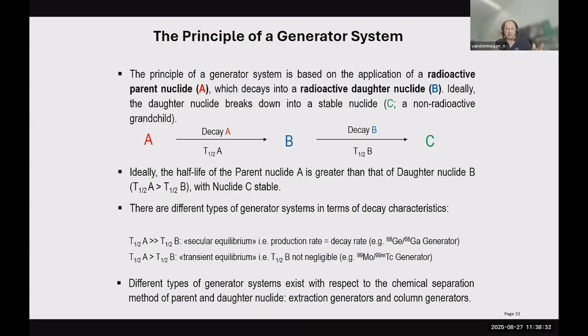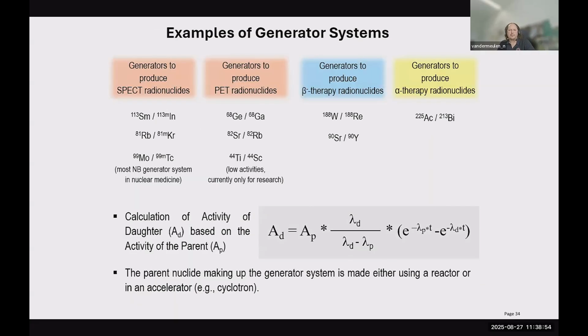This is the important part. It mustn't come off with it, because otherwise you cannot really use it effectively. Generators have been used quite effectively in nuclear medicine over the years. You have the germanium-gallium generator, of course, and your molybdenum-99 technetium-99m generator. Those are the two more popular ones. So these are the generator systems that one can produce.